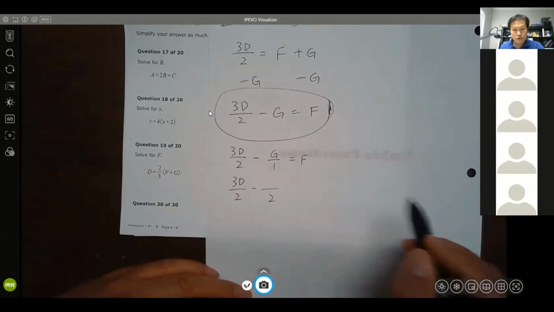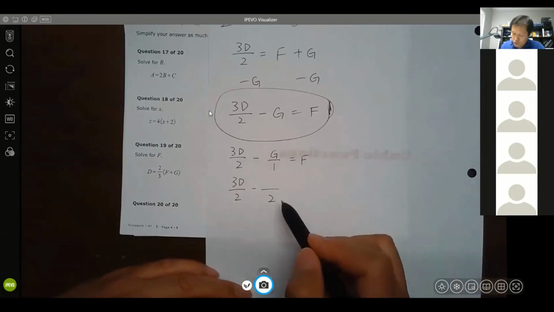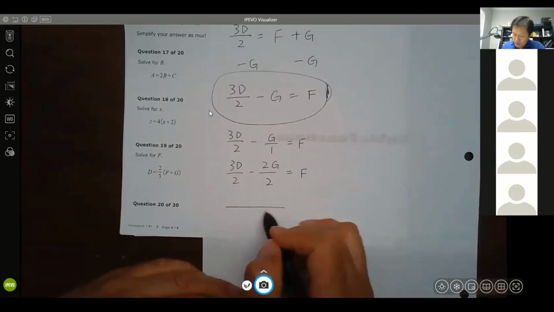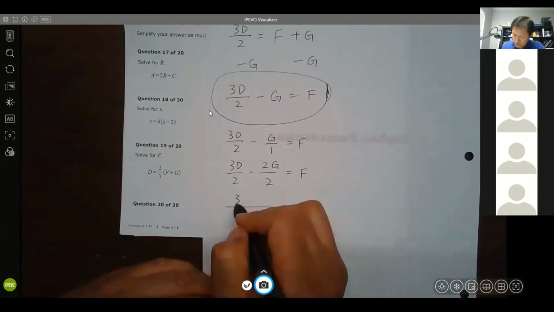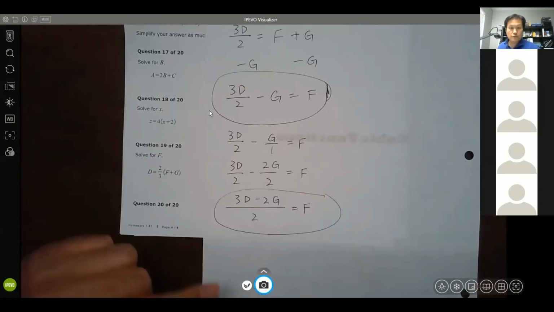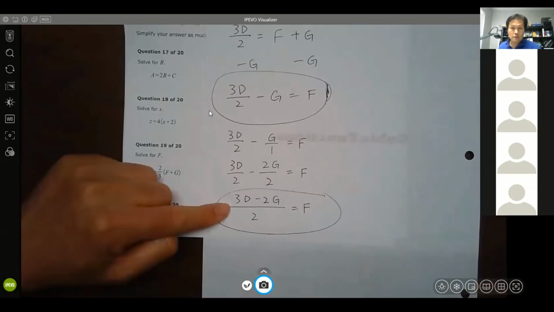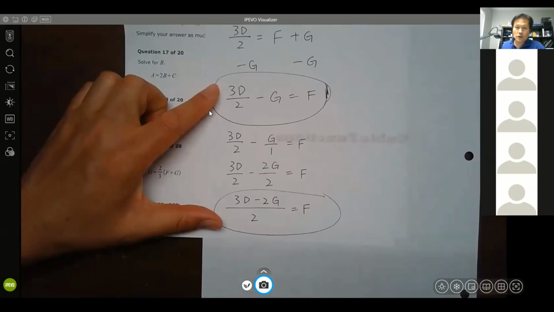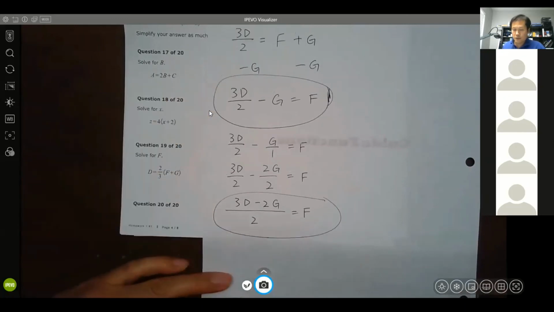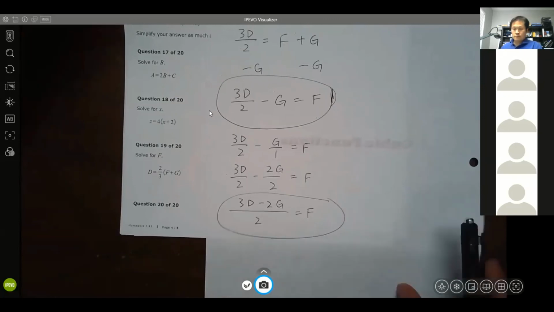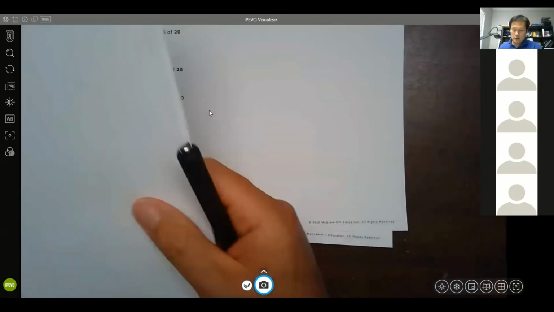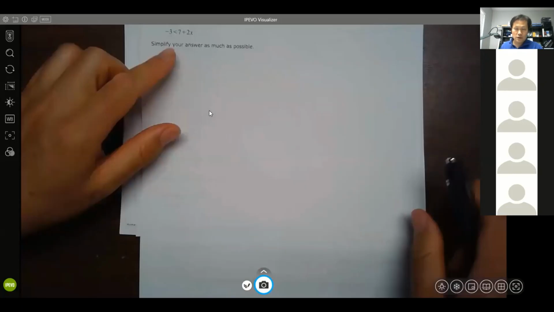So 1 times 2 makes it 2, so you have to multiply G by 2. Then you can subtract as one fraction. This is beautiful. Whichever works better. That's almost the same as the other.